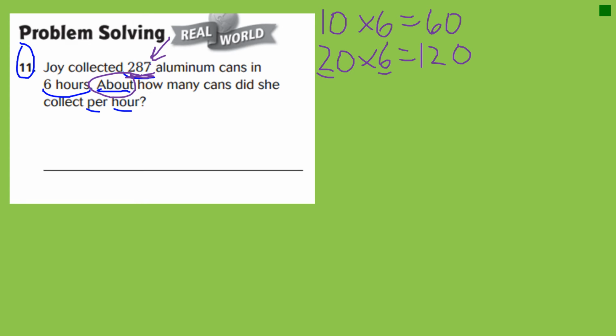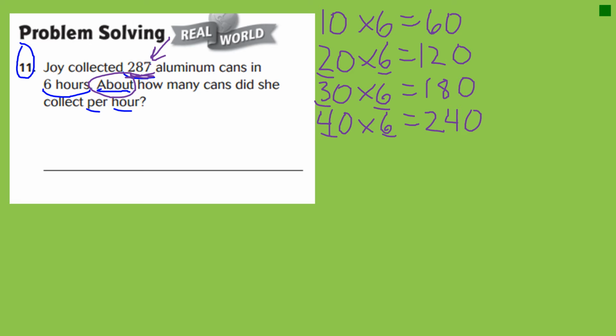Keep going. 30 sets of 6. See, 3 times 6 is 18. And on 180, we're getting up there. 40 sets of 6. 4 times 6 is 24. And on that 0, 240 is pretty close, isn't it?